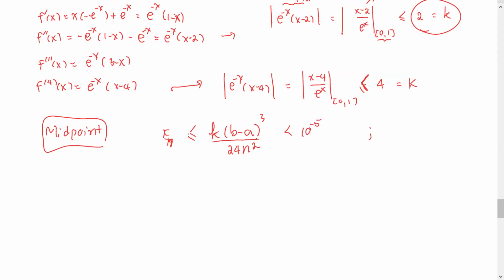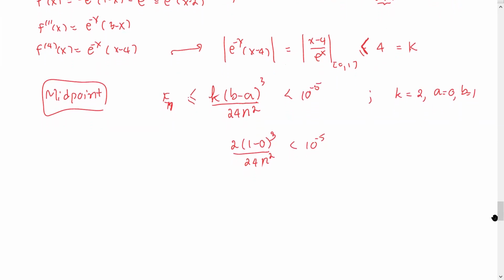From the information that we already know, the lowercase k is 2, a is 0, and b is 1. We are going to solve this inequality by replacing k with 2, b with 1, a with 0, to the power 3, divided by 24, and n is the unknown. That's what we are going to find out, what n satisfies this inequality.